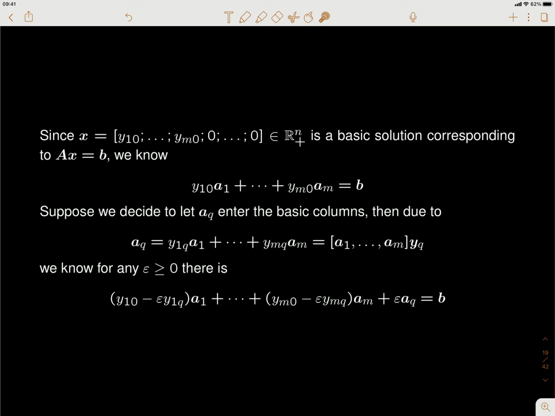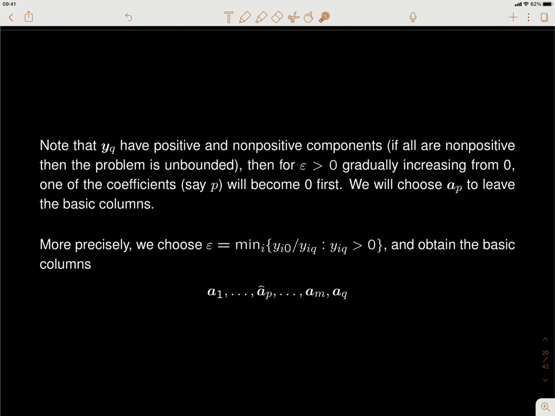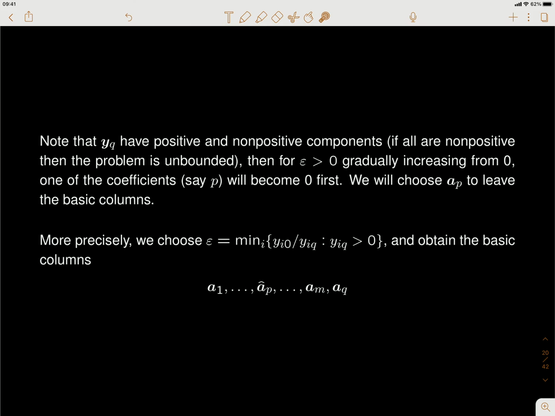So the question only becomes which one will become 0 first, right? We should set epsilon to 0 and then gradually increase it until one of these m numbers becomes 0. Apparently, the smallest epsilon we can find will make this one become 0. So epsilon should be chosen as this component-wise division.